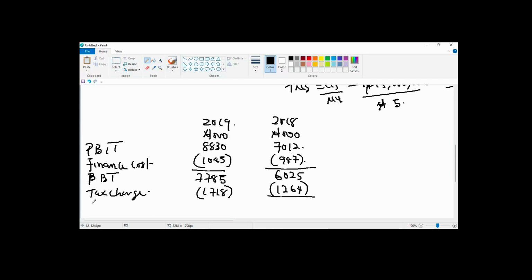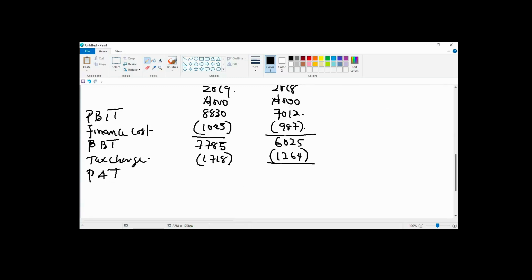This is now giving profit for the year, profit after tax. 6067. Which one? 2019. 6067. Then 4761.